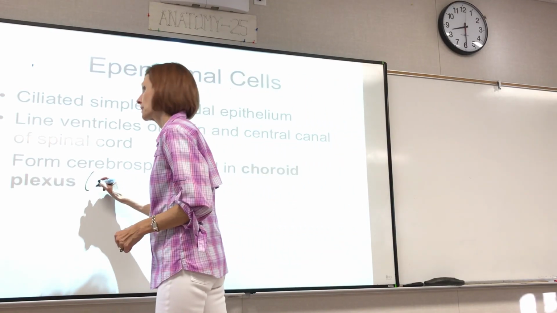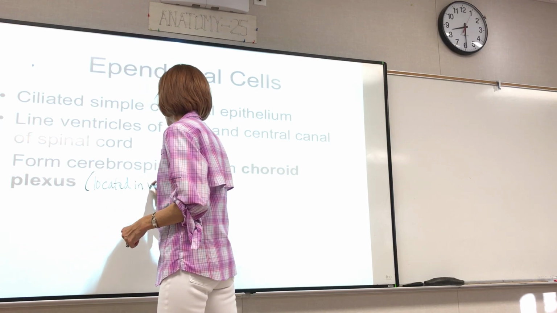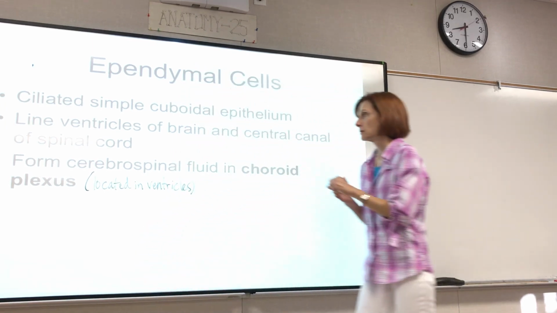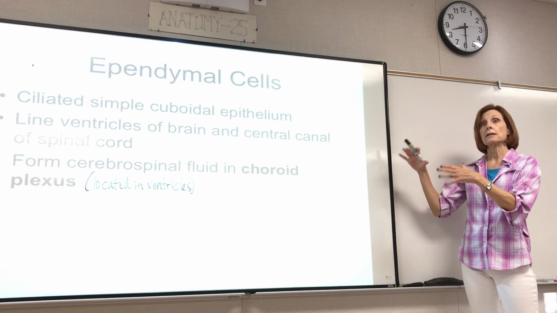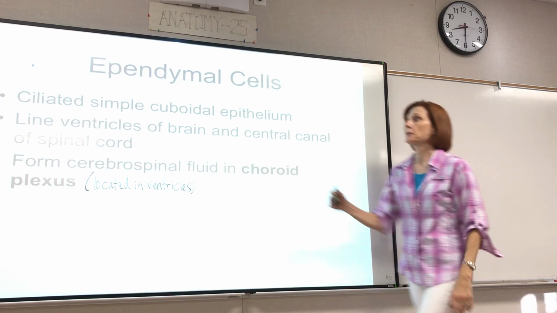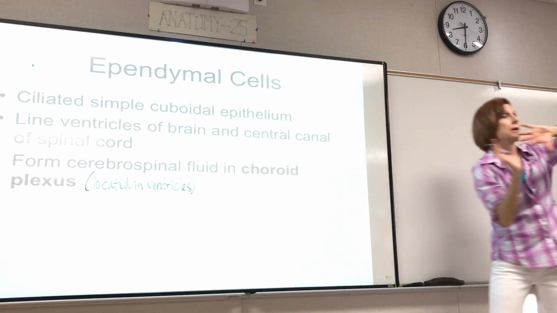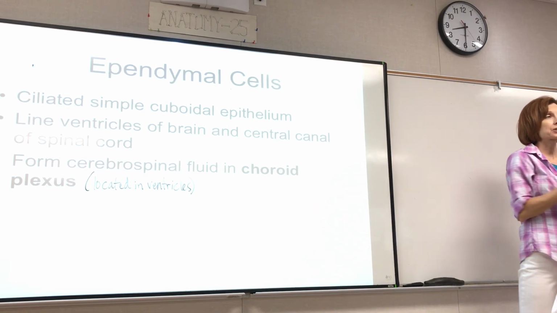So I'm just going to say located in the ventricles. So these cells will line the ventricles. They also make cerebrospinal fluid, and then the cilia move the cerebrospinal fluid along through the ventricles, so it keeps it moving and circulating.